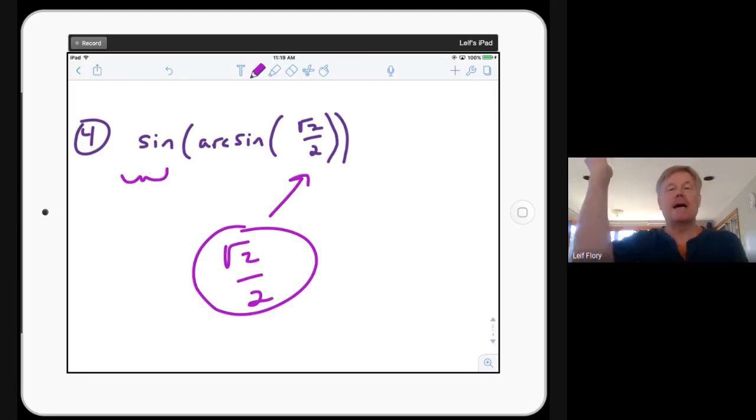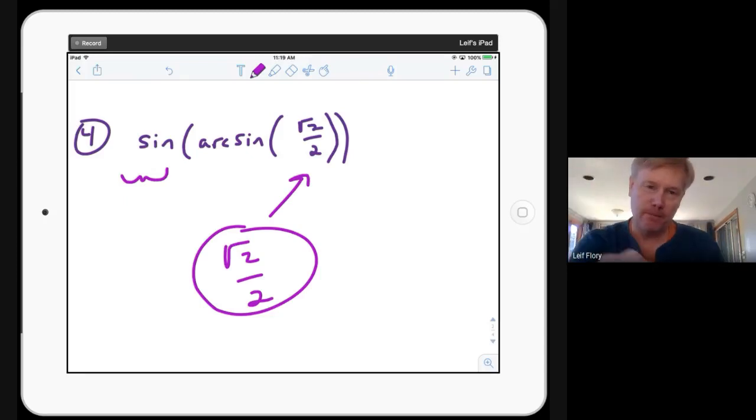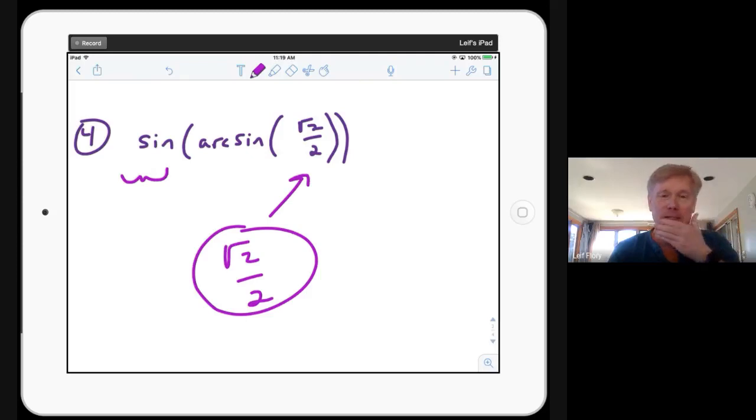So if these 2 match, and actually you got to be careful because in the next week's work, these things in here won't both be sines. One will be sine, one will be cosine, which changes things around. But this week, either it's regular sine in front and then the arc sine, or it's the other way around, arc sine first and regular sine. So when it's regular in the front, and they're both the same, it's just whatever comes after, whatever the number is, okay? So that's the answer to that one.